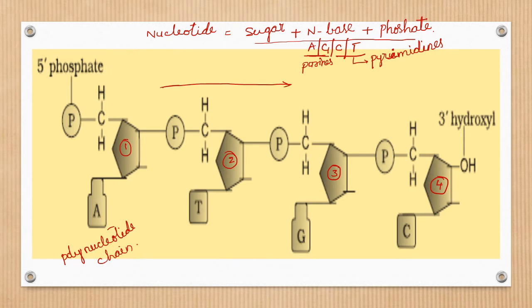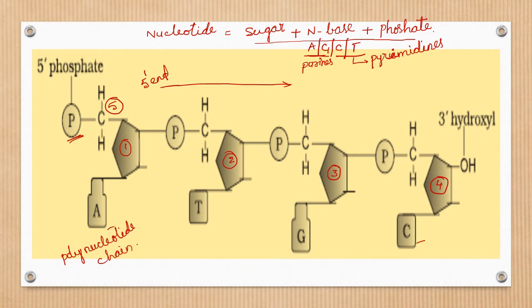That means one end of the chain ends with the fifth carbon, and this fifth carbon ends with the phosphate group. So we call this the fifth end.